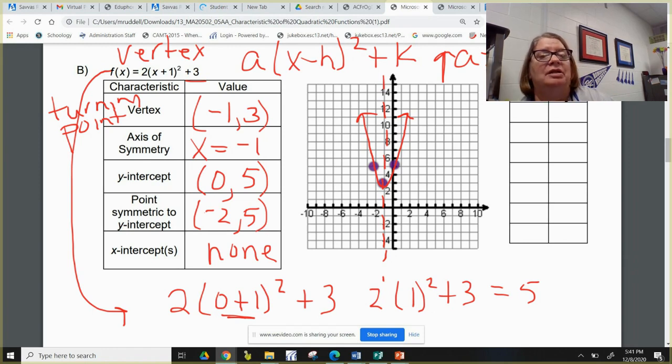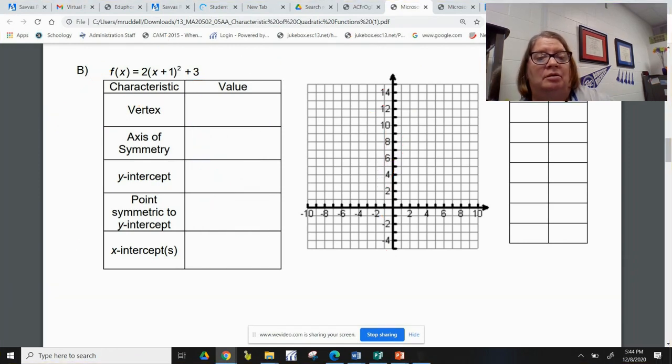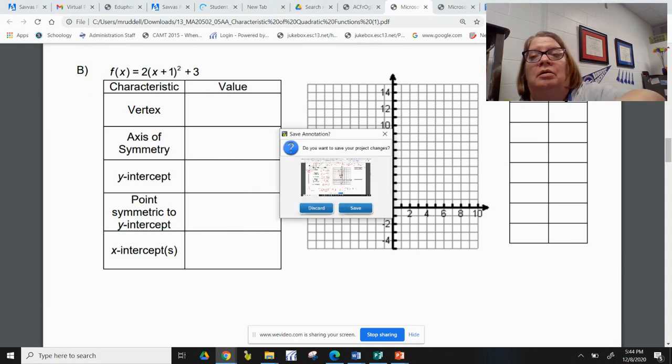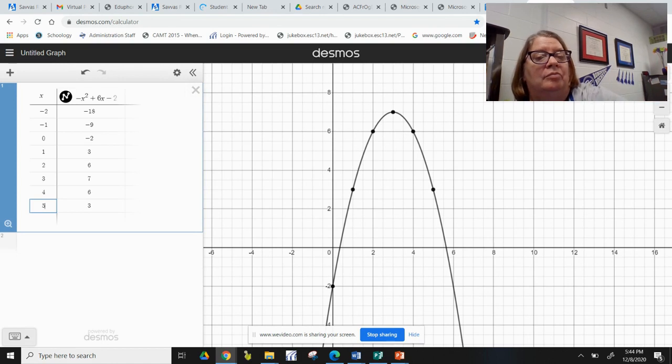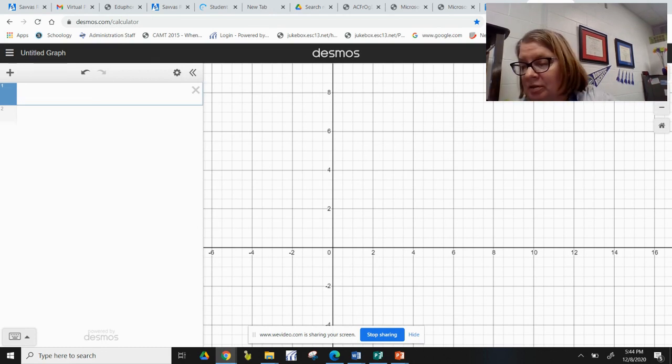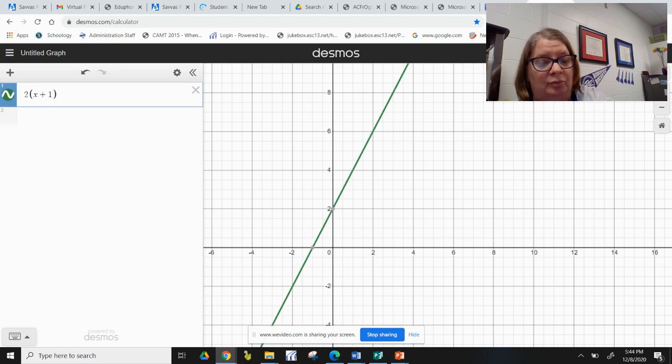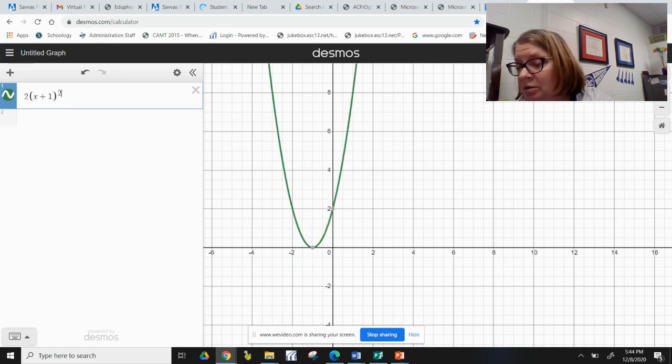All right, let's look at this one in the calculator. Come on, Desmos. Cooperate with me. There we go. This one is 2 times (x plus 1) squared plus 3.